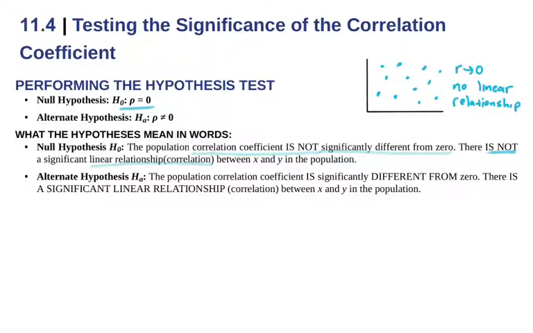Remember, if that's about 0, that means there's no linear relationship. And so that's what rho equals 0 is saying. So in words, we would say the null hypothesis is the correlation coefficient is not significantly different from 0. So that means there is not a linear relationship or a correlation. Okay, so that's one way to remember it. If R is close to 0, we're saying that there's not that correlation.